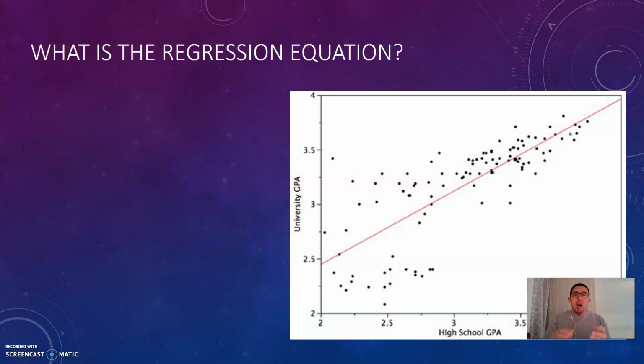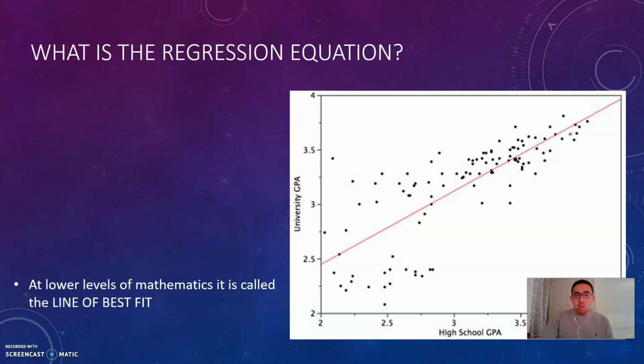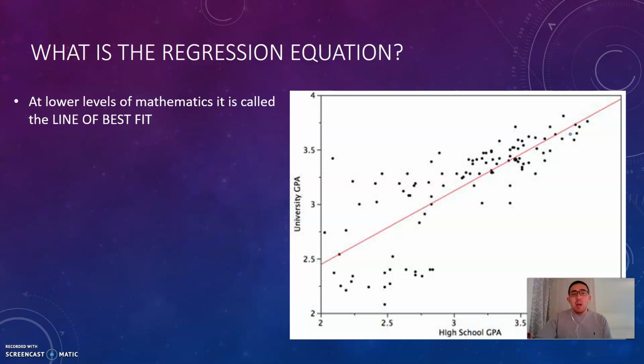Now we're going to take it a step further, and we're going to talk about the regression equation. What is the regression equation? At lower levels of math, you may have called this the line of best fit. I know in geometry, when you had me as your teacher, I did talk about this very briefly. You may have talked about it in Algebra 1 as well.